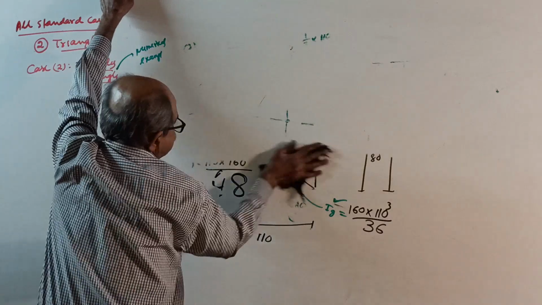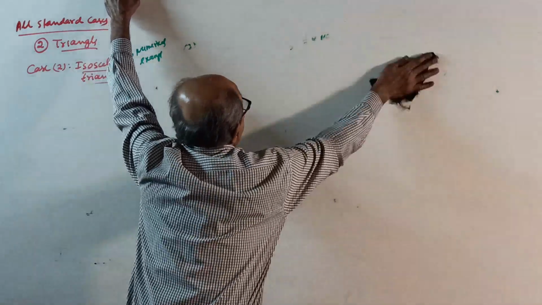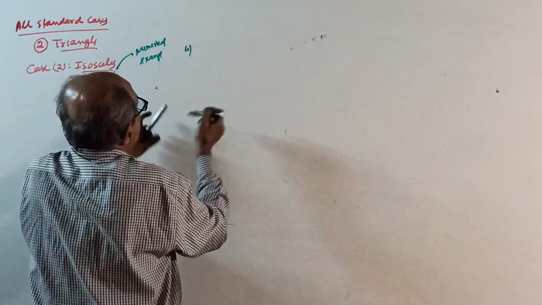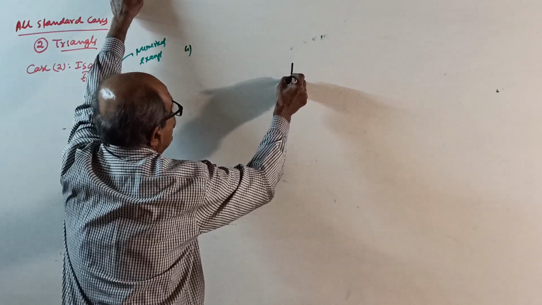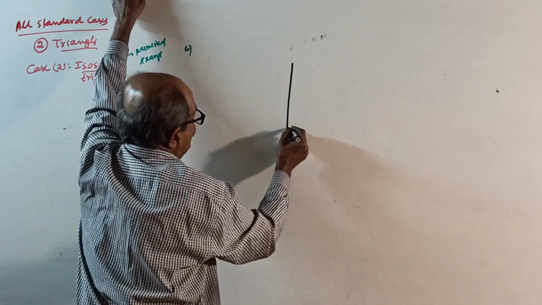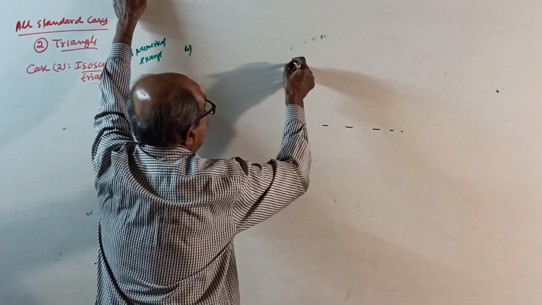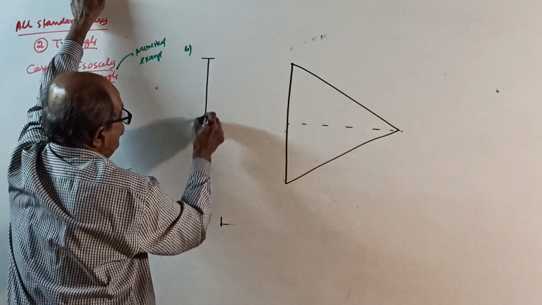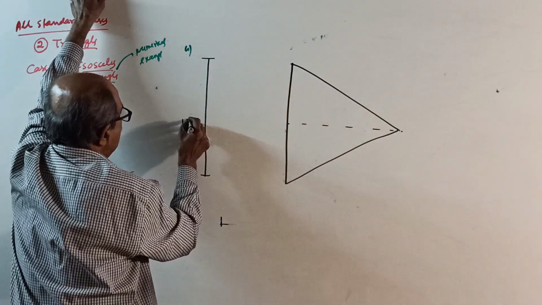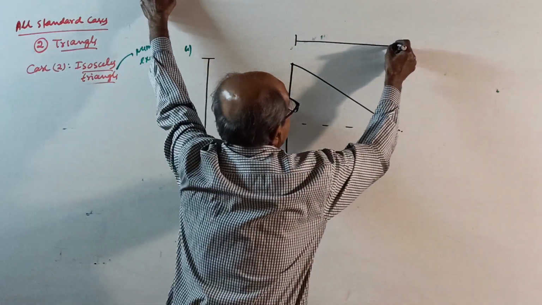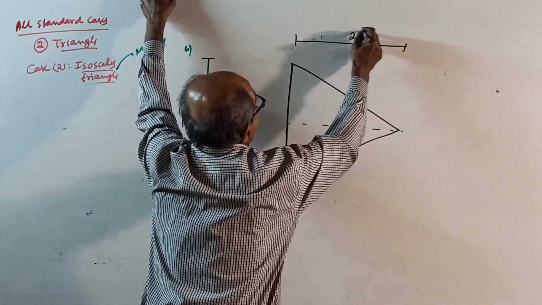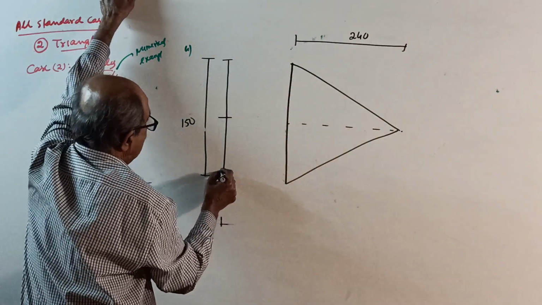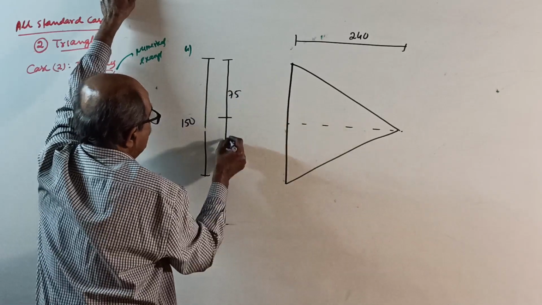Now right side. Fourth example. Okay. This is, say, 150. This time little bigger, 240. Okay. Now, also given, this is an isosceles triangle. How do you know it? 150 means given, 75, 75.